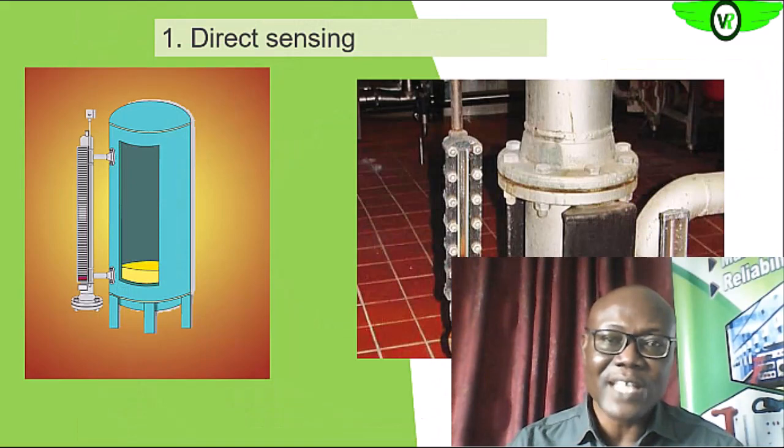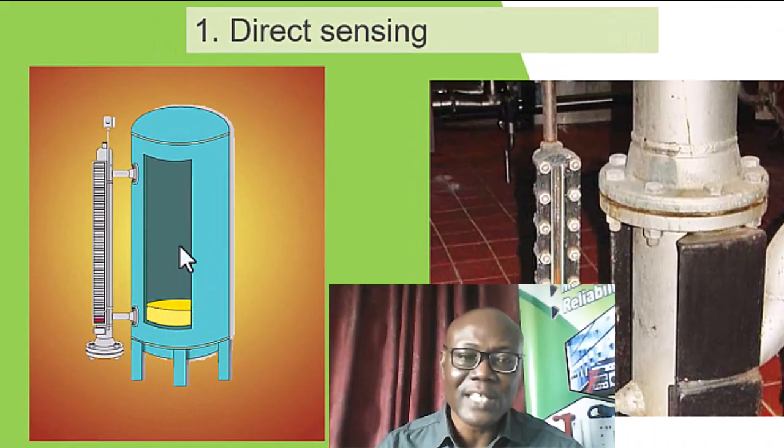So this is the direct sensing method, which is the sight glass. As you can see, the sight glass works with the principle that, since we have this sight glass or this column connected directly, okay, to the main vessel, the level of fluid in the vessel will equal the level of fluid on the sight glass, okay.